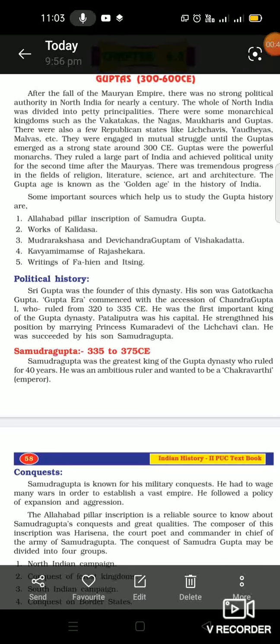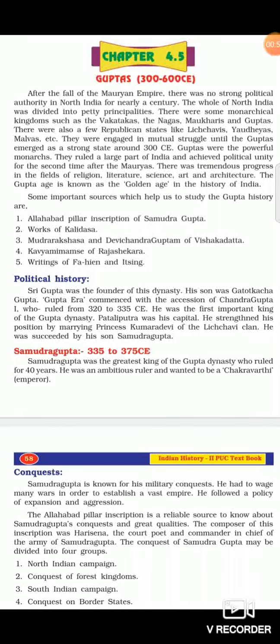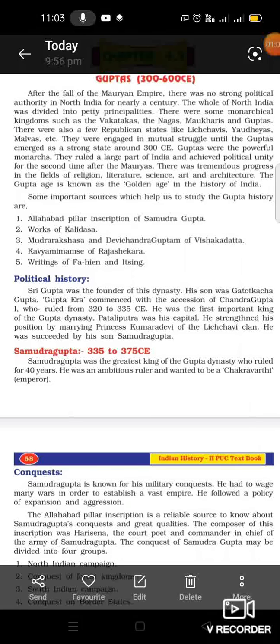There were also a few republican states like the Lichavis, Yodhyas, Malwas, etc. They were engaged in a mutual struggle until the Guptas emerged as a strong state around 300 CE.